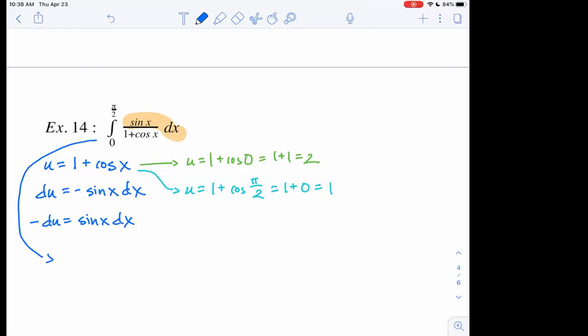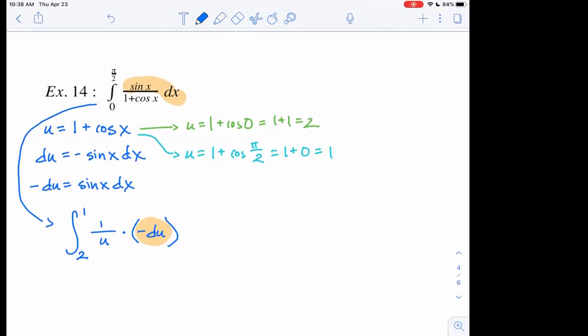All right, so let's substitute everything in. I'm going to get the integral from 2, because that's the green one, to 1, because that's the blue one, of 1 over u times a negative du. So again, that sine x dx got replaced and became negative du.